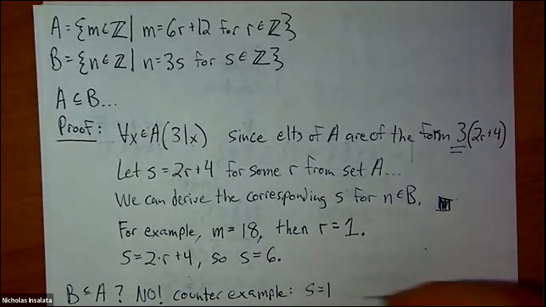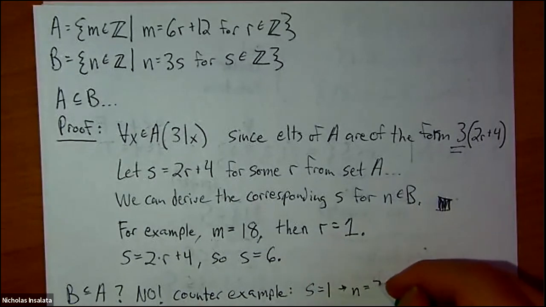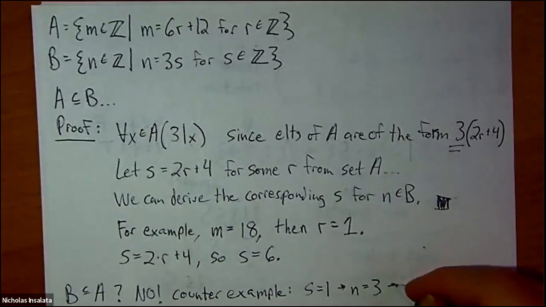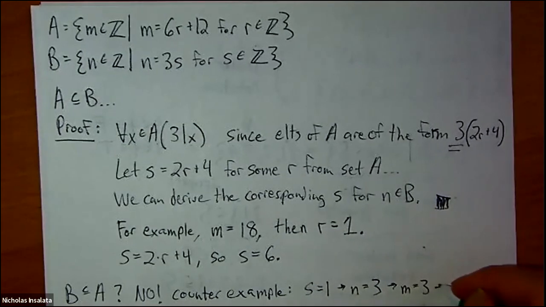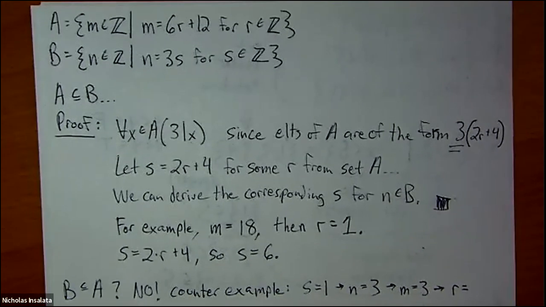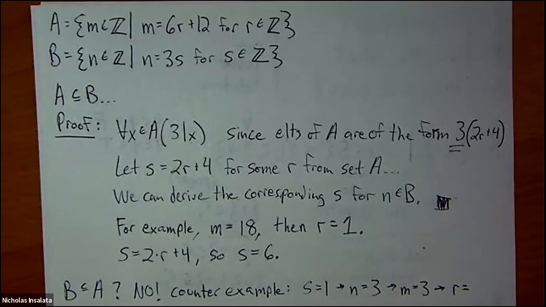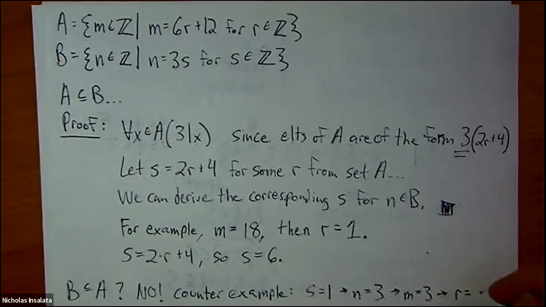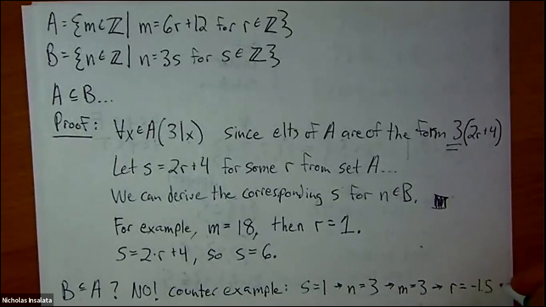If s equals 1, then n equals 3, which means that m would have to be 3, which means that r would have to be what? Good, negative 1.5.